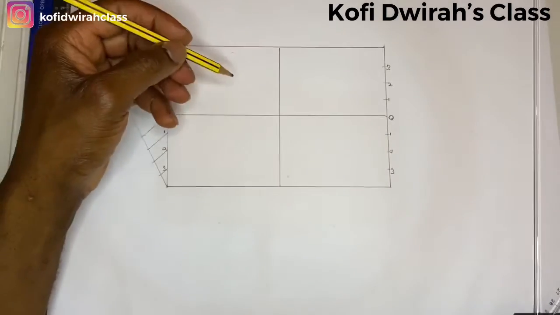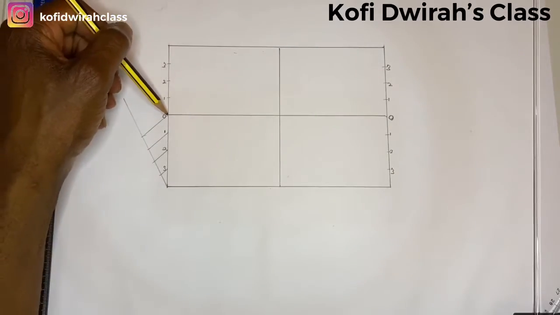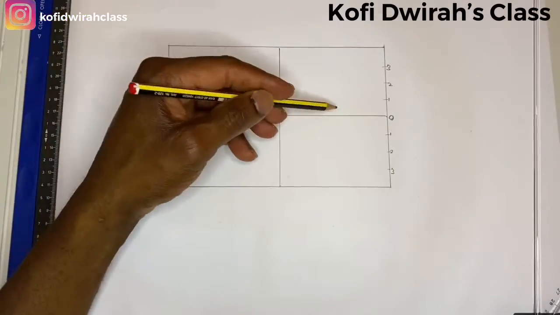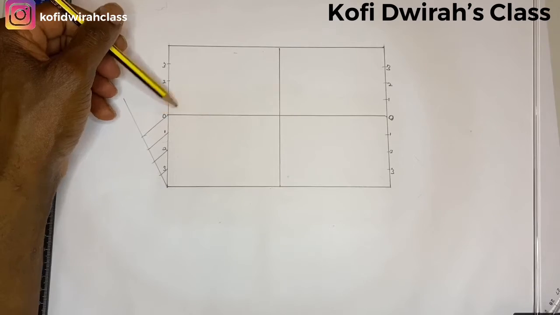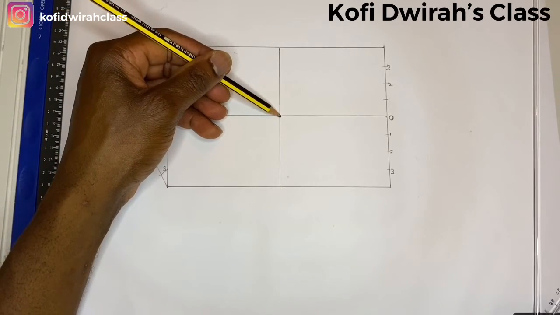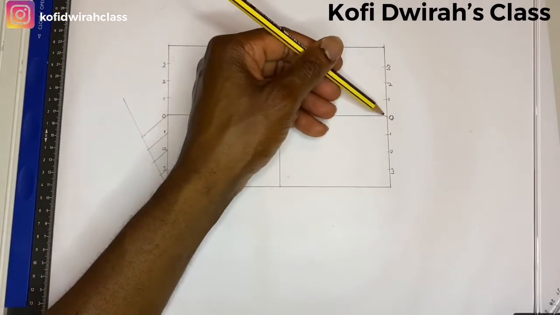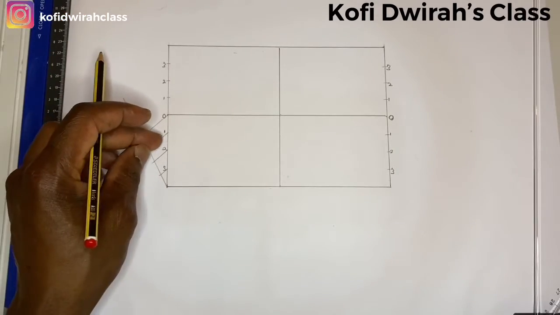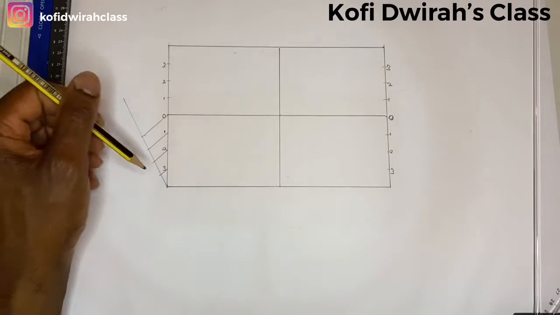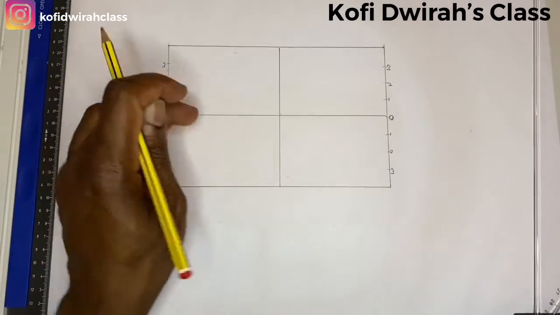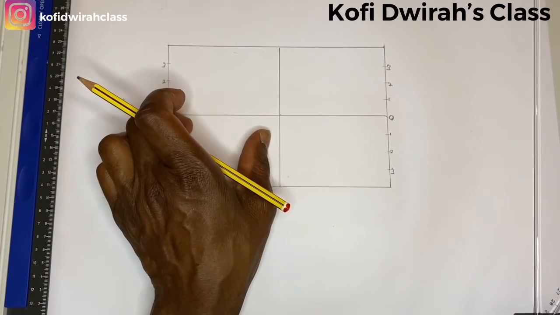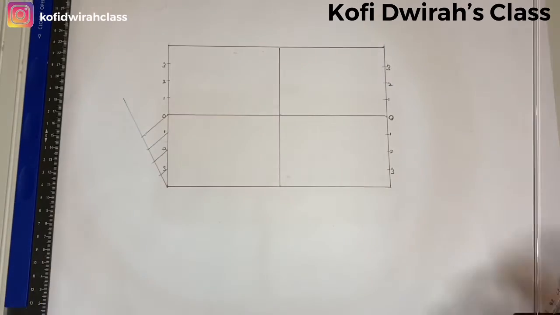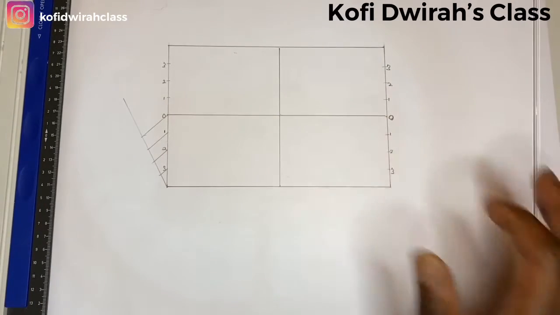Then we are going to divide these two lines as well, for the distance from here to this side, and from here to here, as we did to this end. We are going to divide this line into 4 equal parts, and this side as well 4 equal parts.